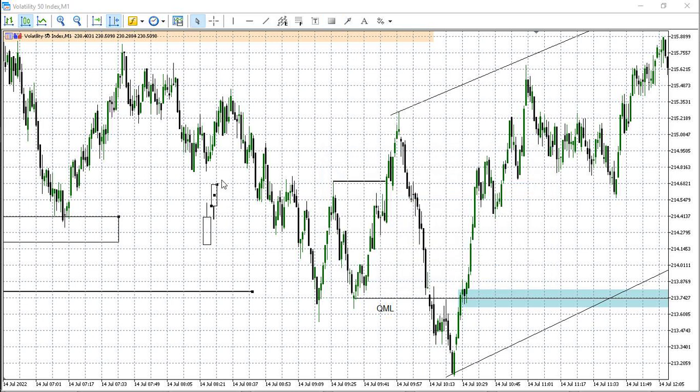So that is how you might possibly see it on the higher time frame. So right there is your area of build up.